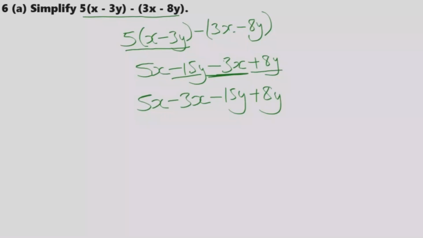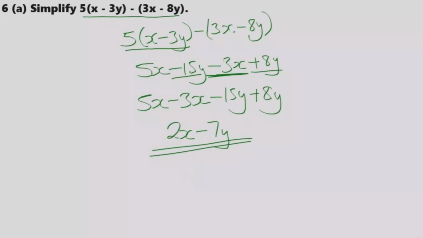Okay, now once we have done this, we can evaluate that. 5x minus 3x will give us 2x. Then negative 15y plus 8y will give us negative 7y. Okay, that way we can say that is the correct answer.